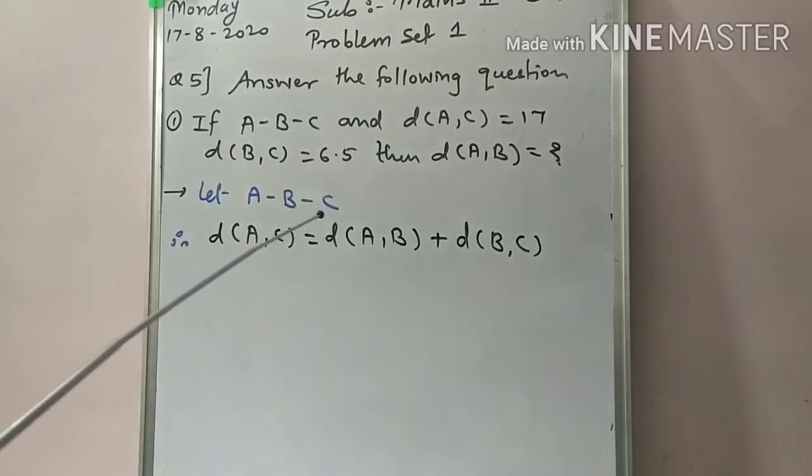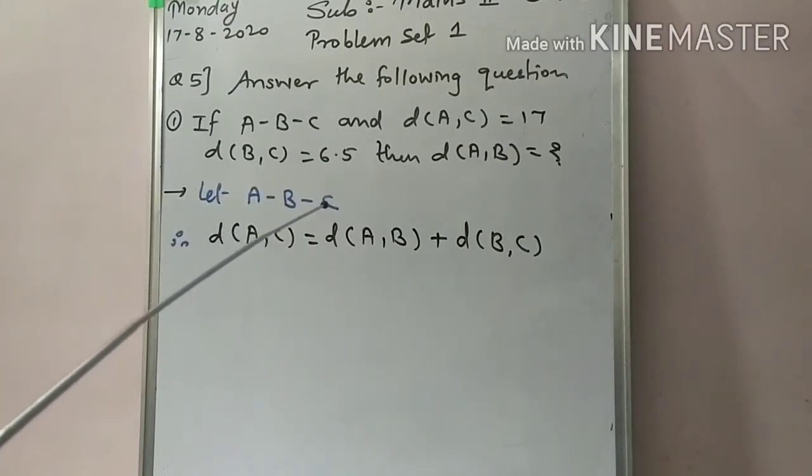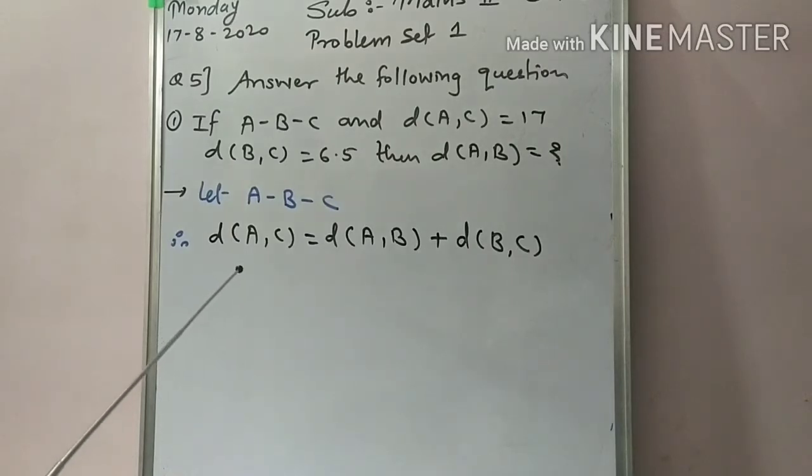A dash B dash C means that the longest distance is between A and C. Means we can write distance of A and C is equal to distance AB plus distance BC. Okay, and now as we substitute those values over here, in the left hand side we substitute 17 equal to what? Distance AB as we have to find plus what? 6.5, and then we simplify it to get the value of distance between A and B. So try to solve these examples, students, and give me the correct answer of the distance between A and B.